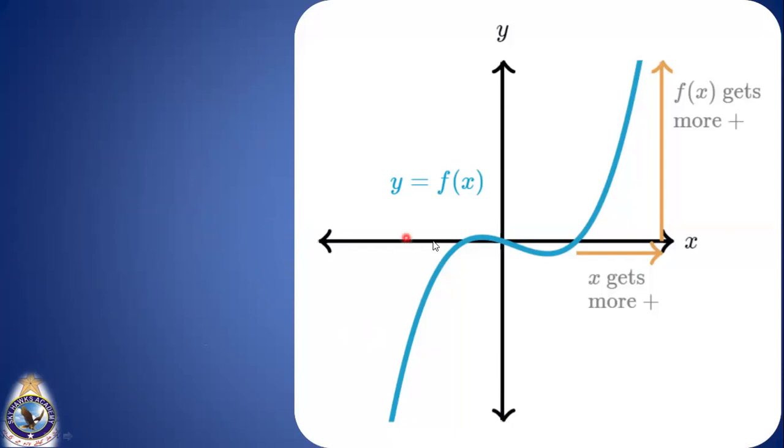Now let's see. This time I am just considering its right part. This line is actually the graph of a function defined as y equals f(x). That may be any polynomial, any equation, but we are making it general to fit any function.